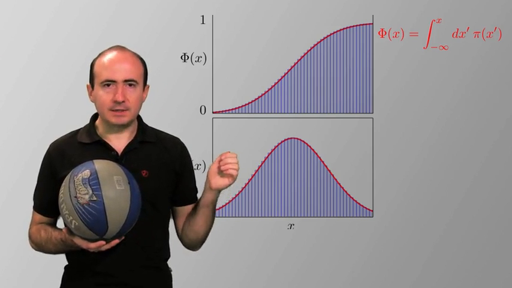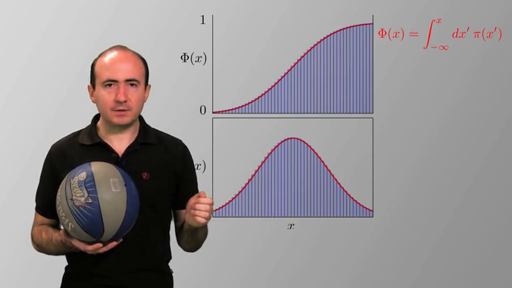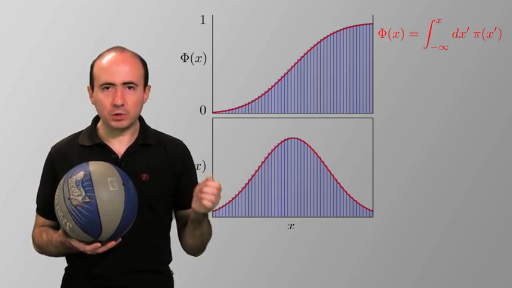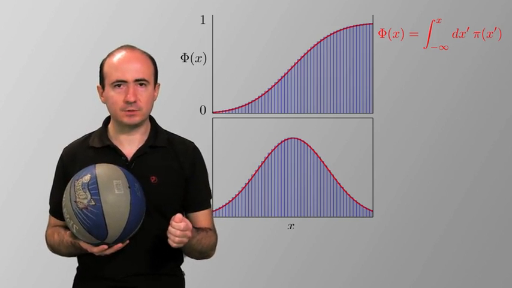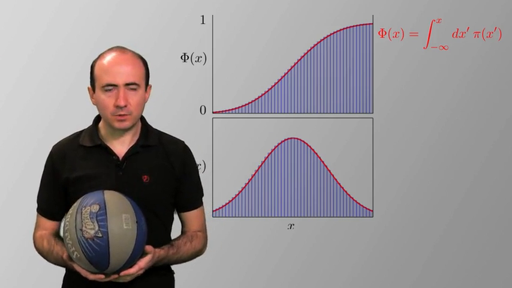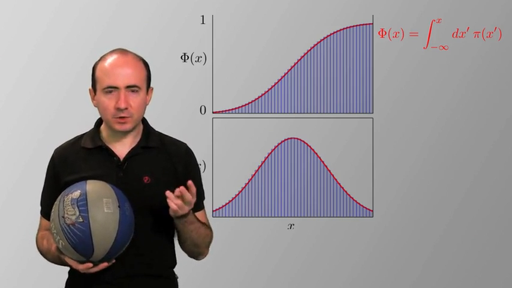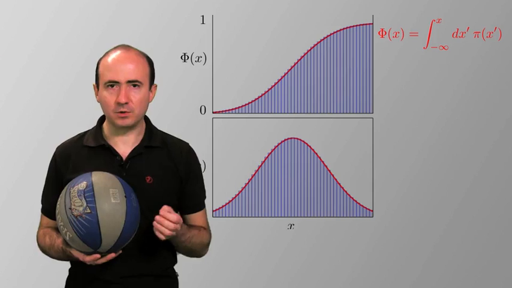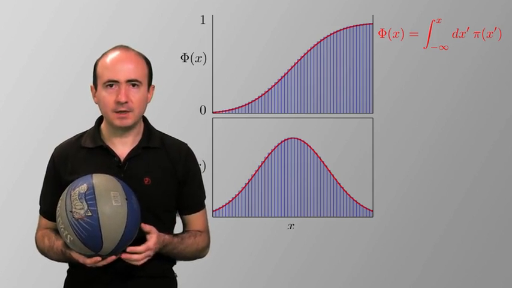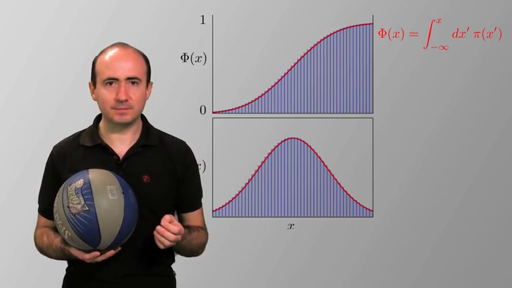In this example, we have taken pi of x to be a Gaussian normal distribution. So this means that we have a second algorithm that we call gauss-transform.py to sample this distribution.